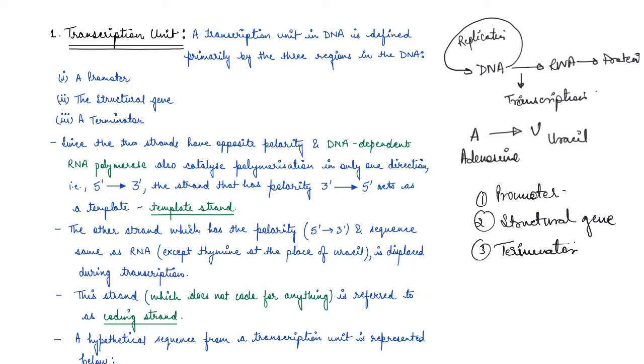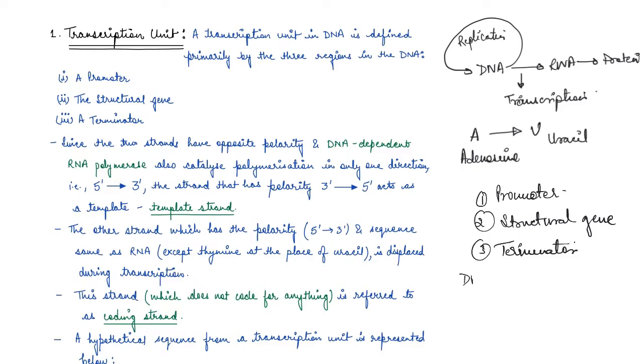Now, there is a convention in defining the two strands of DNA. Since the two strands have opposite polarity, one is from 5' to 3' and the other is from 3' to 5'. We have DNA-dependent RNA polymerase.